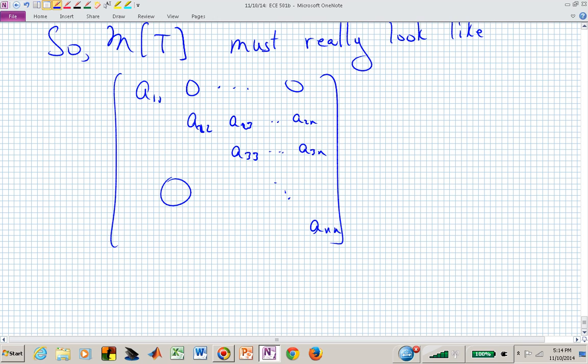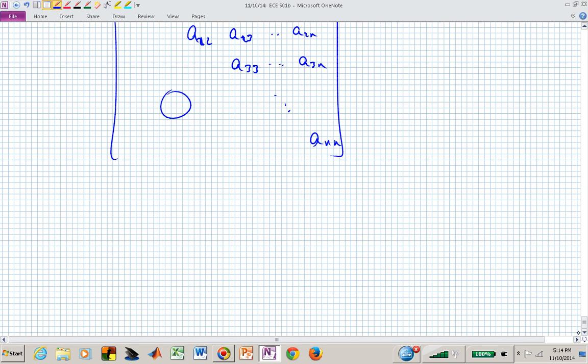Because we can find E2, and E2, scaling that, has to be the same. Basically, we've now concluded that with T normal, its matrix representation is diagonal.